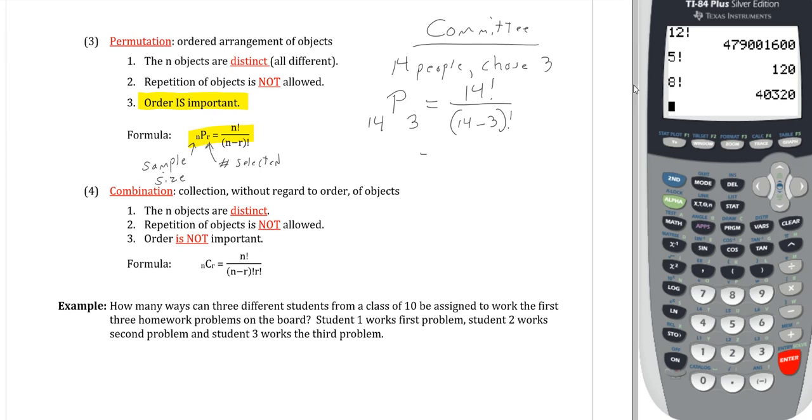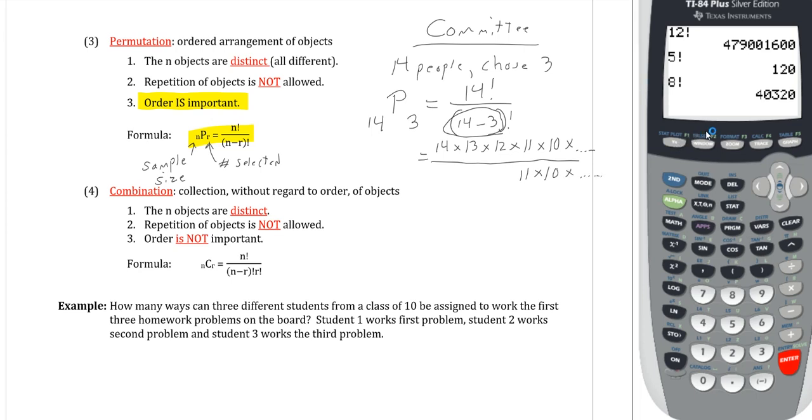Well, if you remember, 14 factorial means 14 times 13 times 12 times 11 times 10 times etc. 14 minus 3 is 11, and 11 factorial means 11 times 10 times etc. The way I wrote this fraction was very particular because if you notice now, I have an 11 on top and the bottom, and I can eliminate those. Same thing with 10 and 9 and 8, etc., etc.